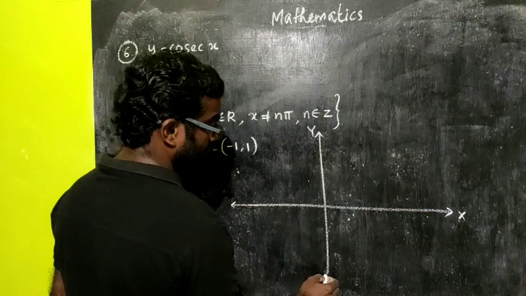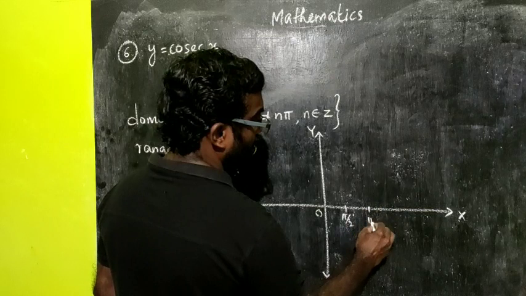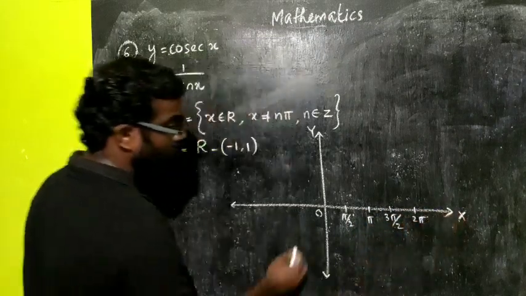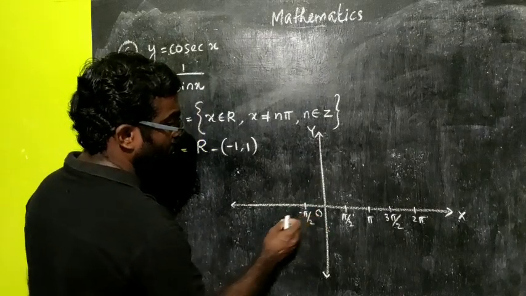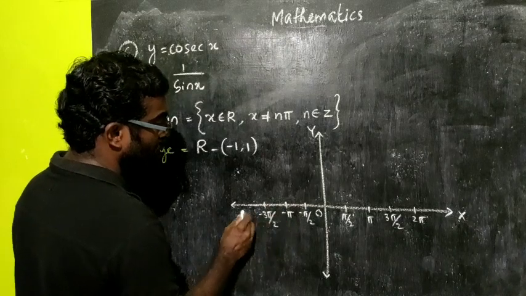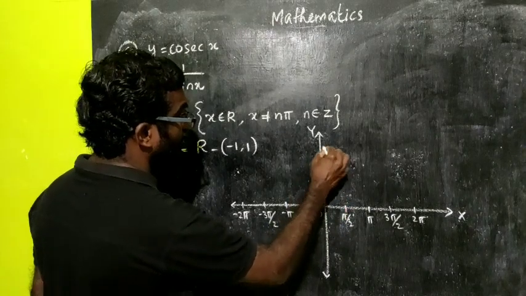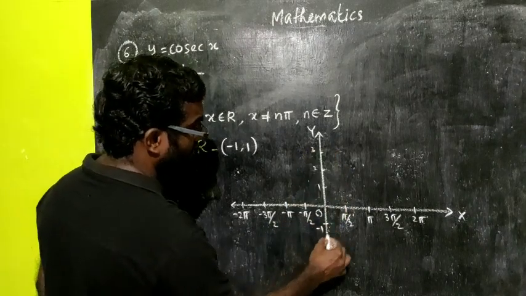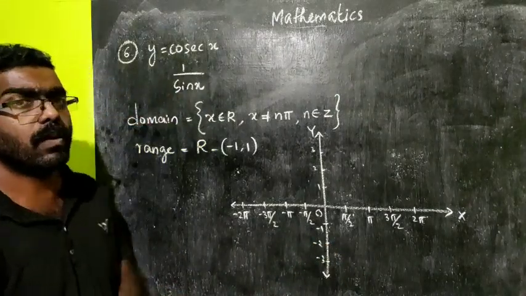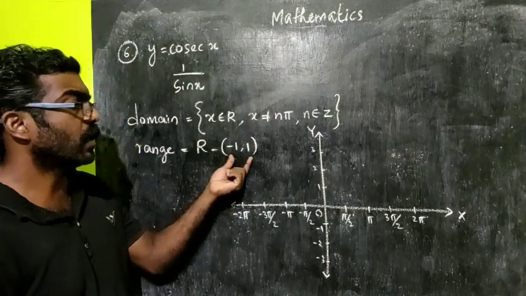X-axis, y-axis, then 0 degree, pi by 2, pi, 3 pi by 2, 2 pi, then minus pi by 2, minus pi, minus 3 pi by 2, and minus 2 pi. On the y-axis we can mark 1, 2, 3, etc. Here on the negative y-axis minus 1, minus 2, minus 3 and so on.